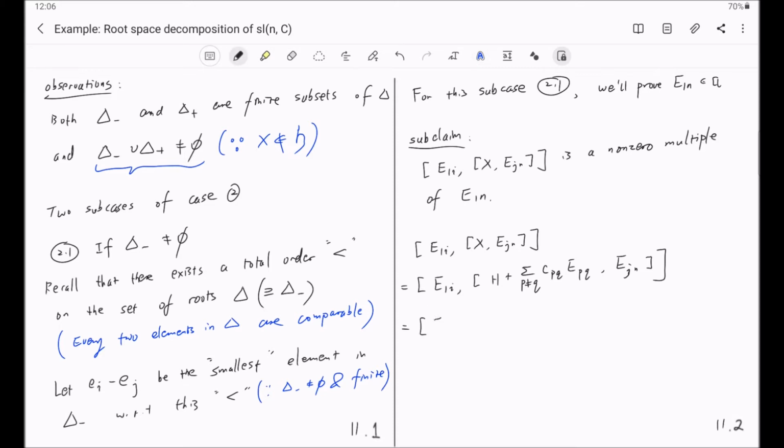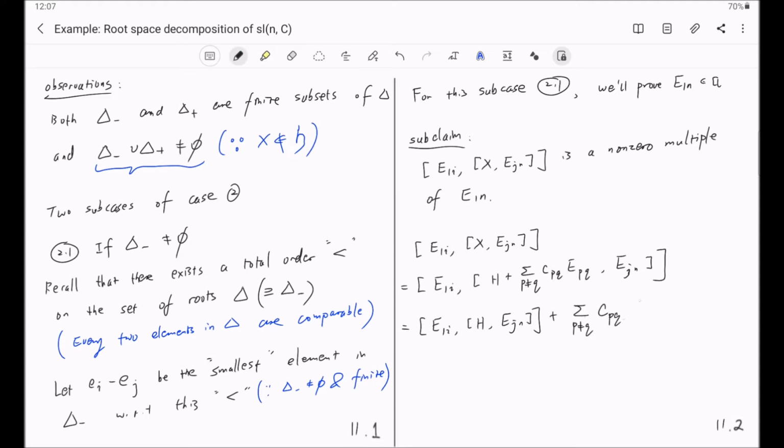The first part is E sub 1i, comma, the Lie bracket of h and E sub jn. And the second part is this complicated sum. We're going to use the bilinearity to pull the constant out.